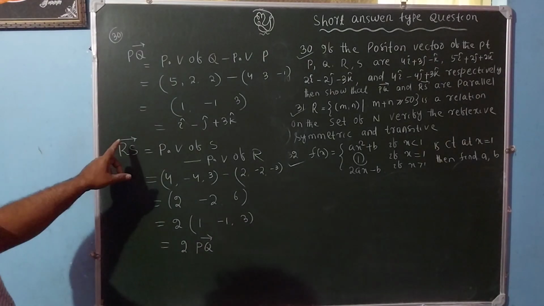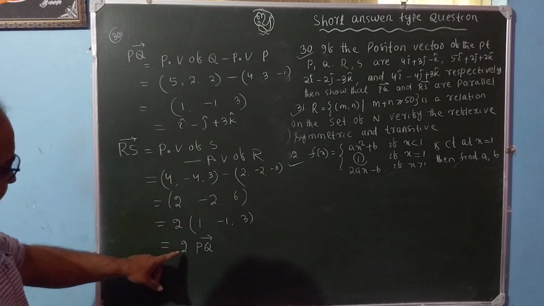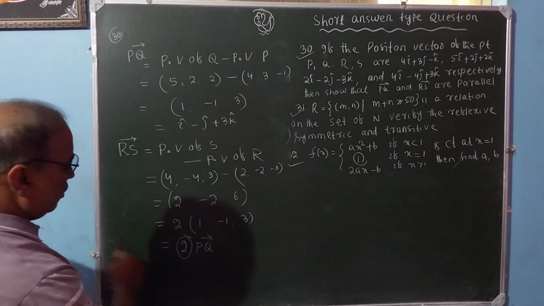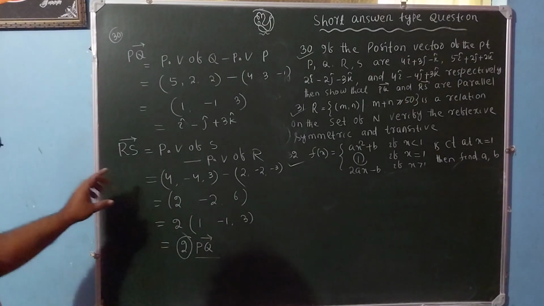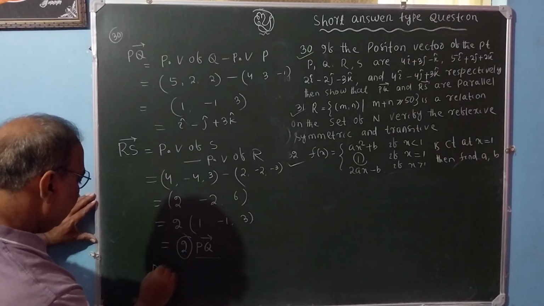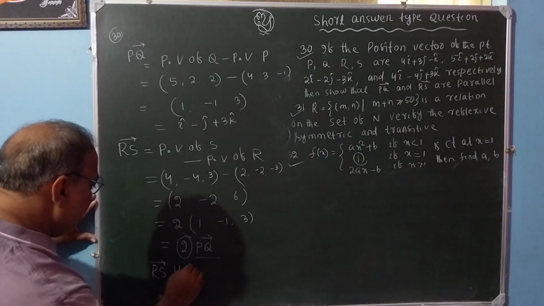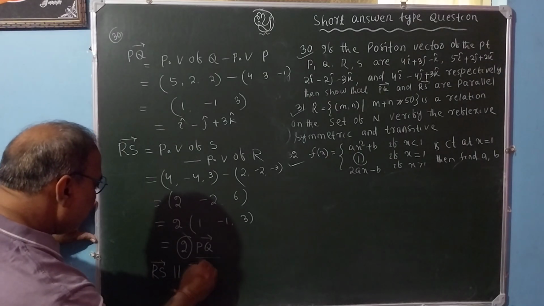You see, the RS vector can be expressed as a scalar multiple of the PQ vector. Hence, the RS vector is parallel to the PQ vector.